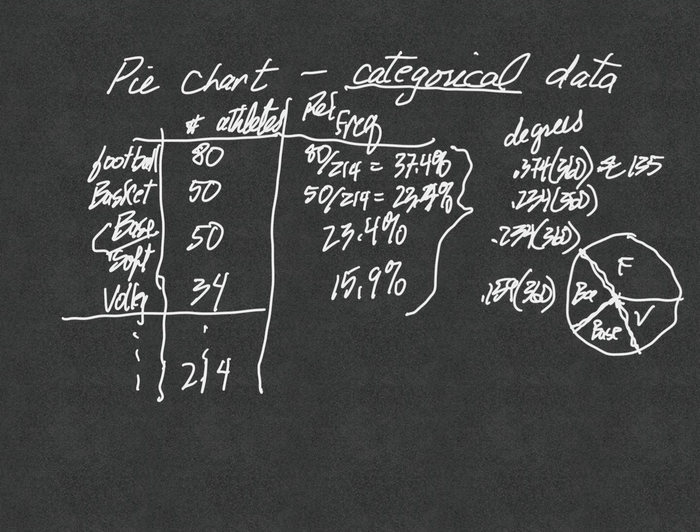And that's how you make a pie chart. Now, the nice thing about pie charts is it shows you relative sizes. We can see, oh yeah, football, relatively speaking, is a third larger than any of the other categories. And therefore we can compare relative sizes of categories.